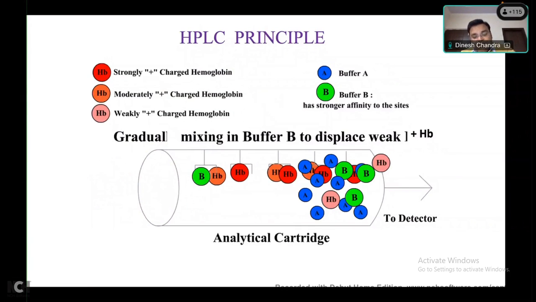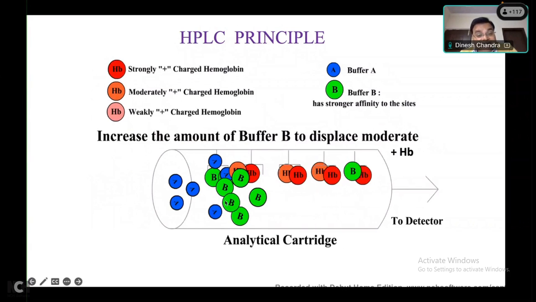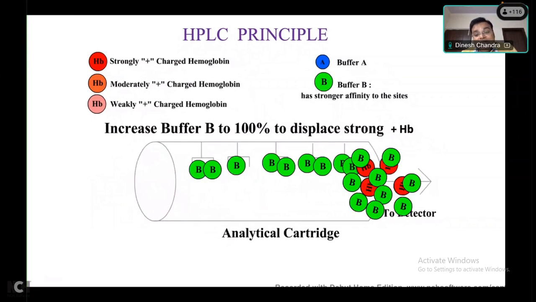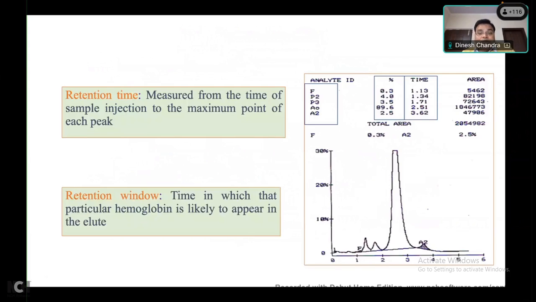When we pass a low ionic buffer, only those with weak affinity elute first. When we add a stronger buffer, the moderate ones elute, and when it is totally replaced by the strongest buffer, all the remaining hemoglobin moves. So that is what we get over here.